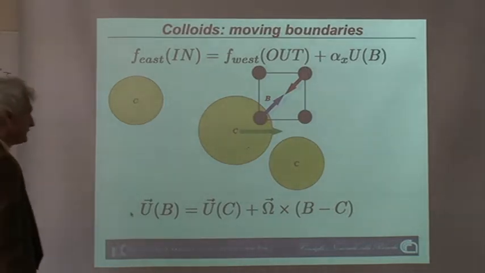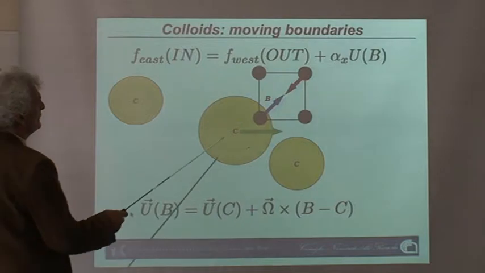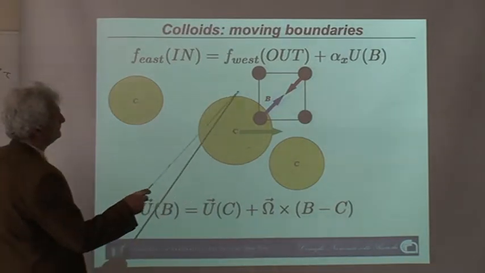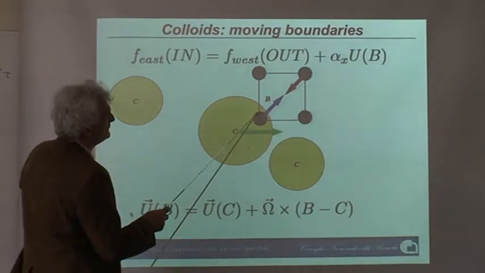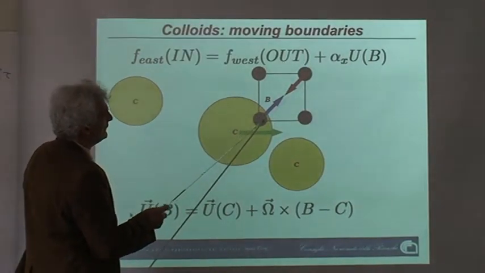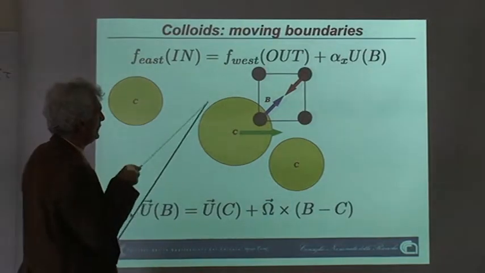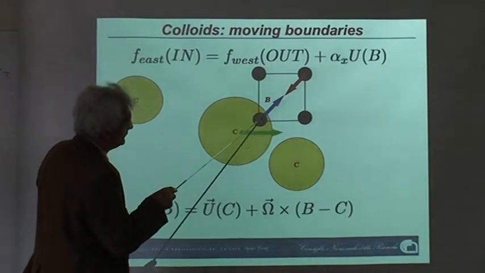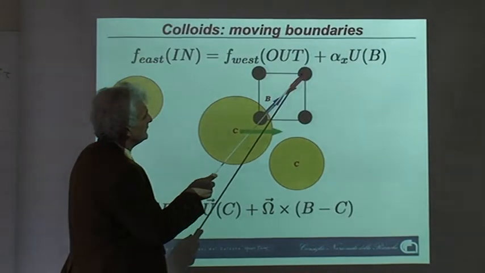These papers are not easy at all, and coding is not easy at all. Basically what it does, if you have a solid particle like this, which is moving, is just counting, and this is a lattice site inside the colloid. You have to really do the bookkeeping and see who is interacting with whom.